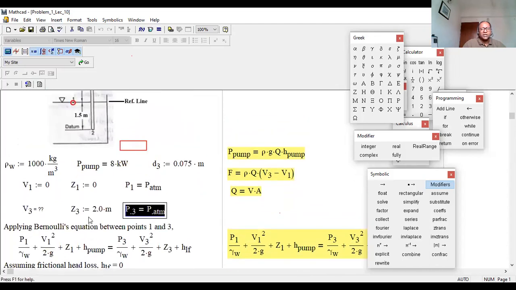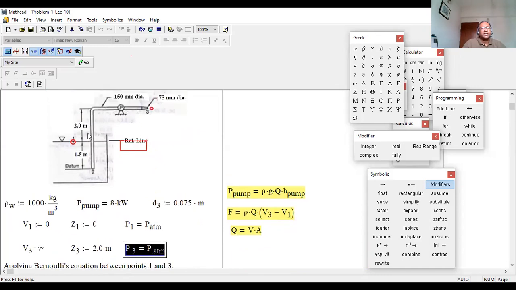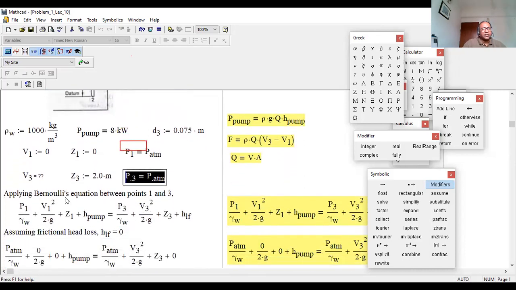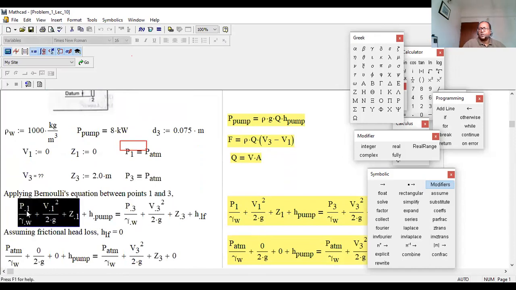What is happening? Fluid coming in at point 1 has some energy: P1 by gamma plus V1 squared by 2g plus Z1. Then on the way, it absorbs energy from the pump, then heads toward point 3. At point 3, you get this energy at point 1, plus the energy it receives from the pump on the way, minus some loss on the way.